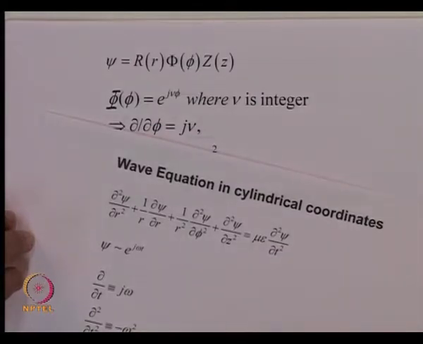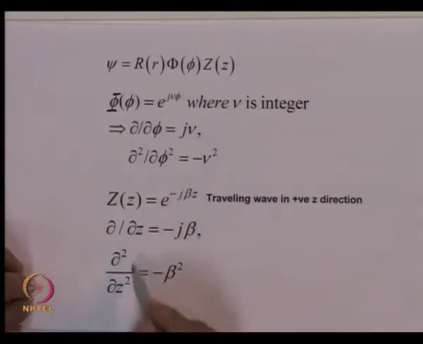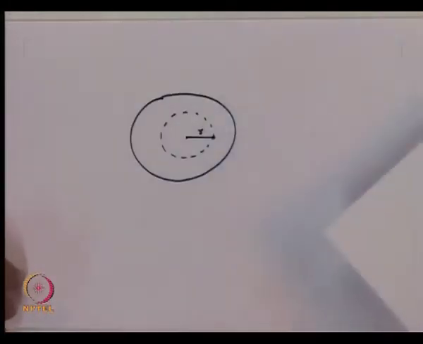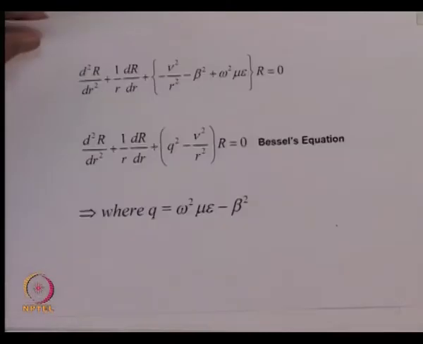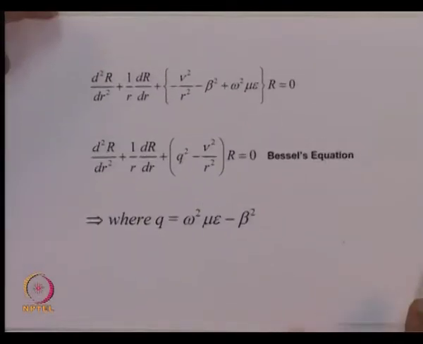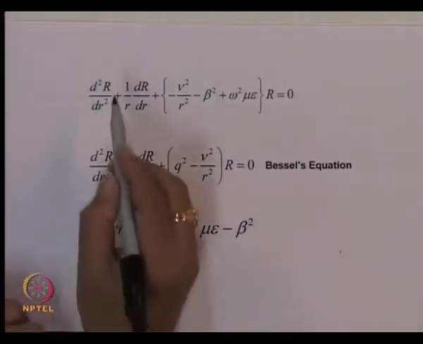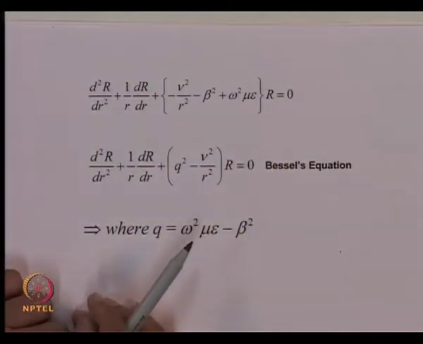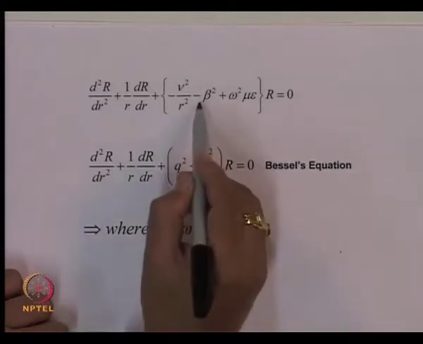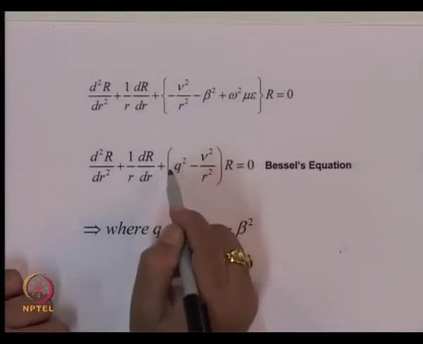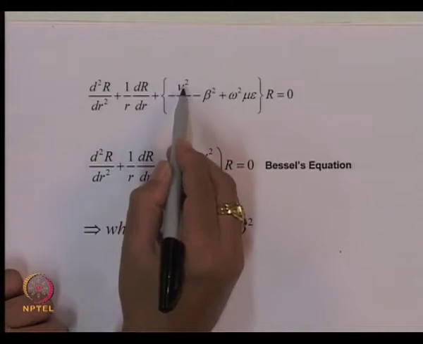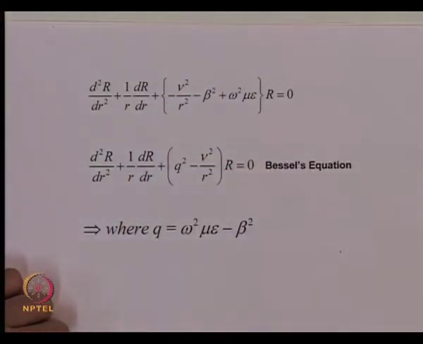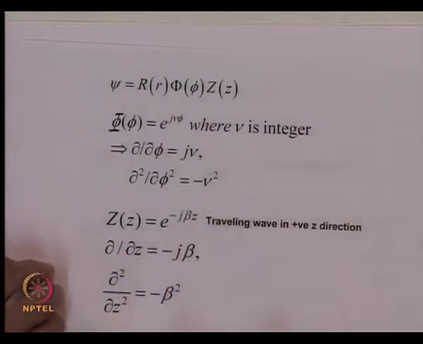So what we do is we substitute this quantity psi into the wave equation, and if I divide by psi, you get the equation which governs this function r. Note here, this minus beta square is because of d2 psi upon dz square. This minus nu square is because of d2 upon d phi square.